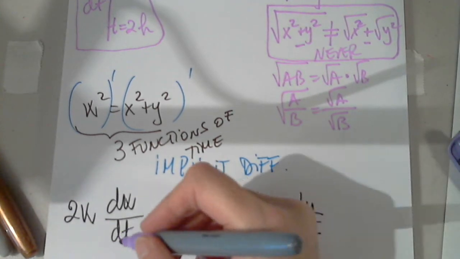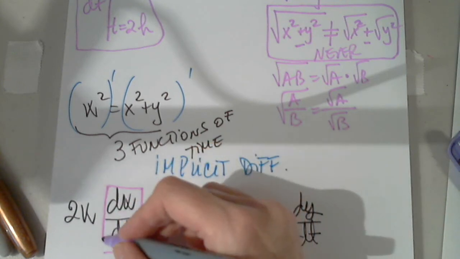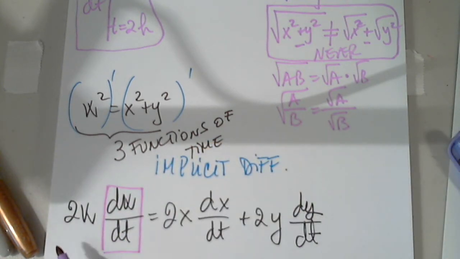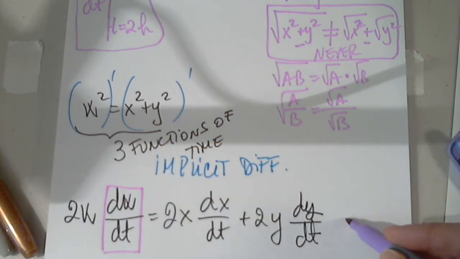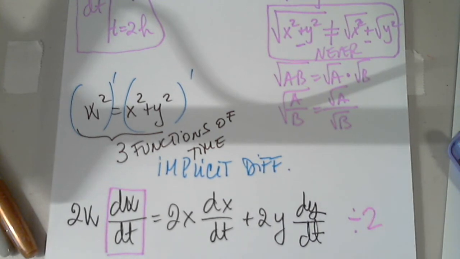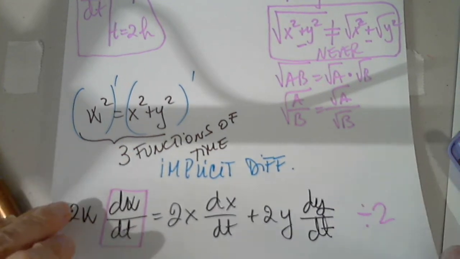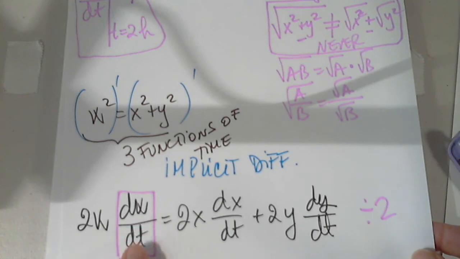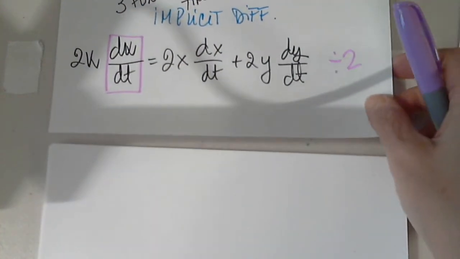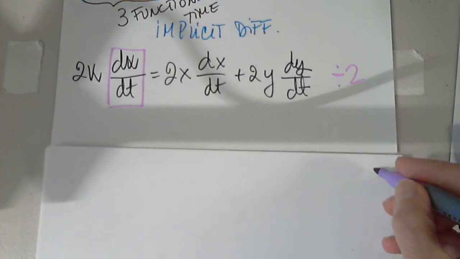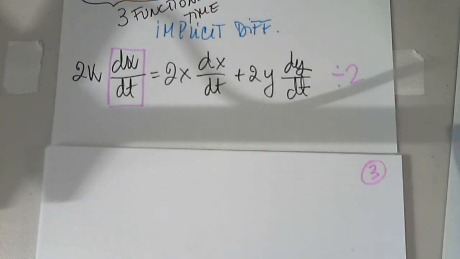We are trying to solve for this. This is our variable. I can divide both sides by 2, and I will do that right away. In the next step, I will solve for dw over dt, dividing both sides by w. So then the next step, oops, sorry.